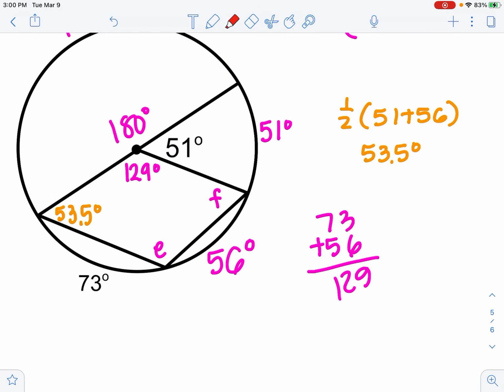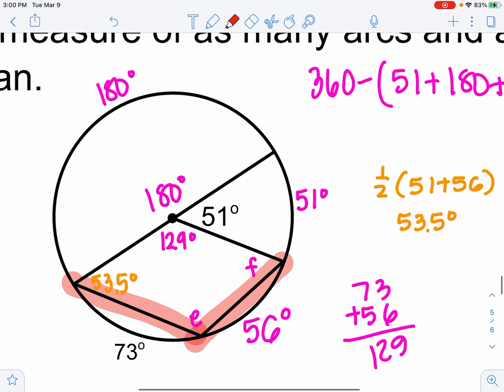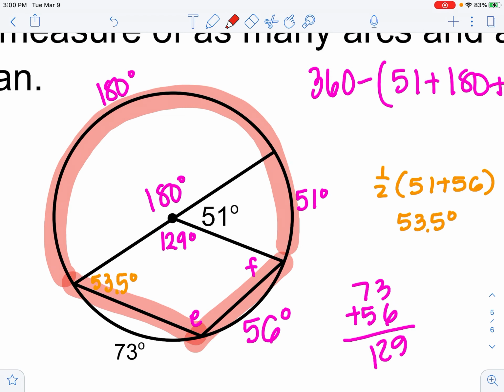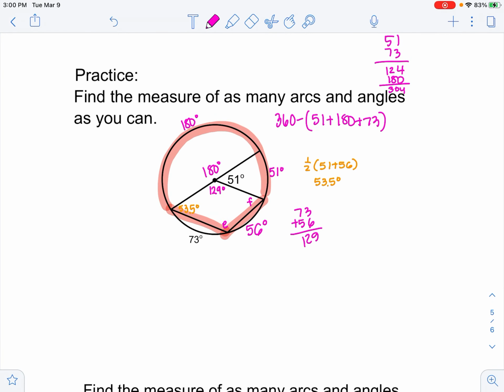Okay, now I'm going to move to angle E. I'm going to trace it with a highlighter. Here's angle E. It's on the circle, right? So here's its intercepted arc. It goes from there all the way to there. So its intercepted arc is 180 plus 51.